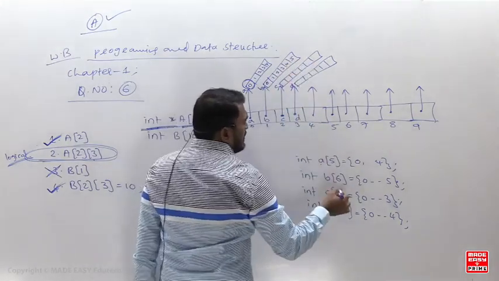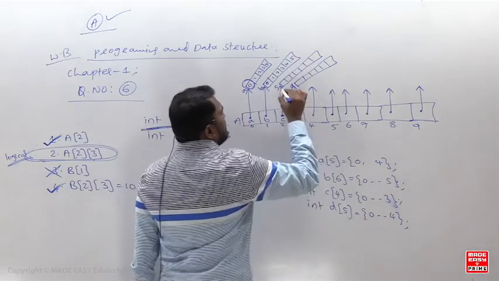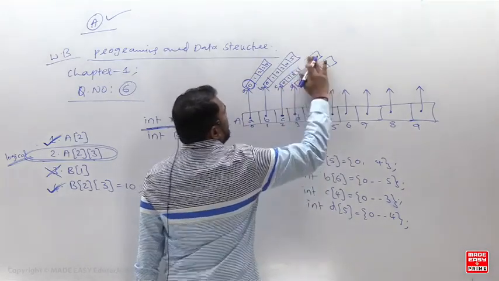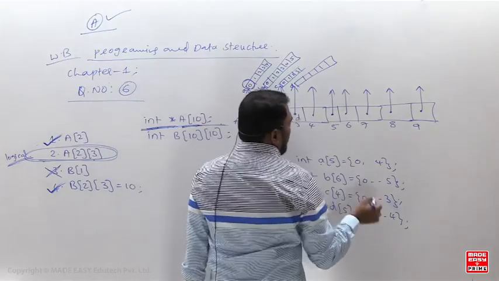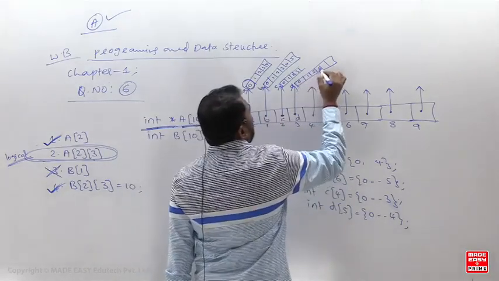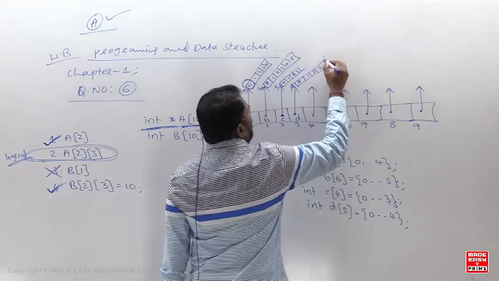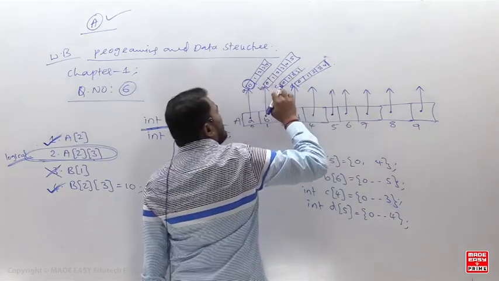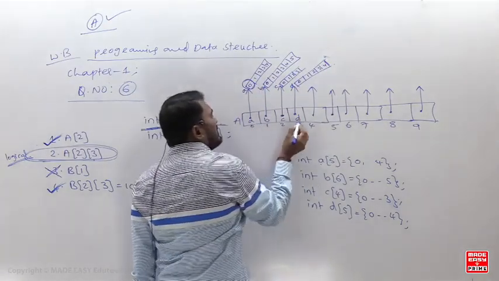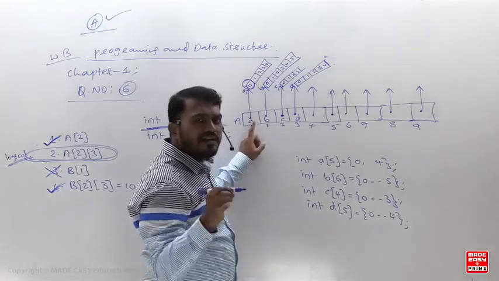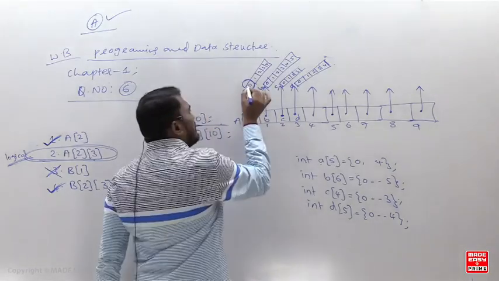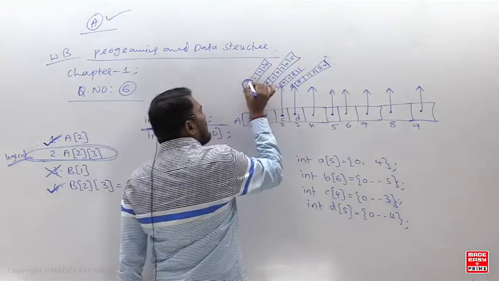Next the third one: 0, 1, 2, 3. And next the fourth one: 0, 1, 2, 3, 4. So you have 1D arrays like this, and I am storing a, b, c, d here. That is allowed. What is a here? That is the address of an integer, the address of the first element of the one-dimensional array.